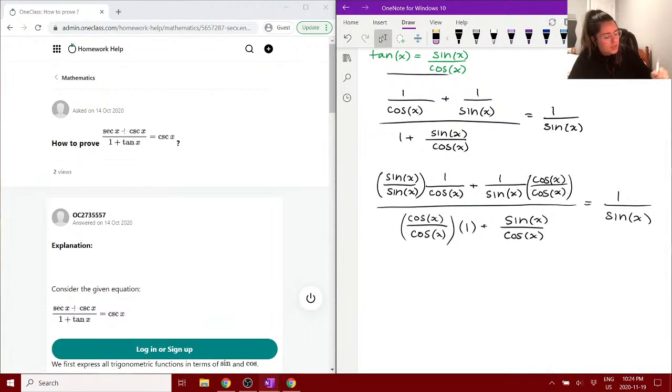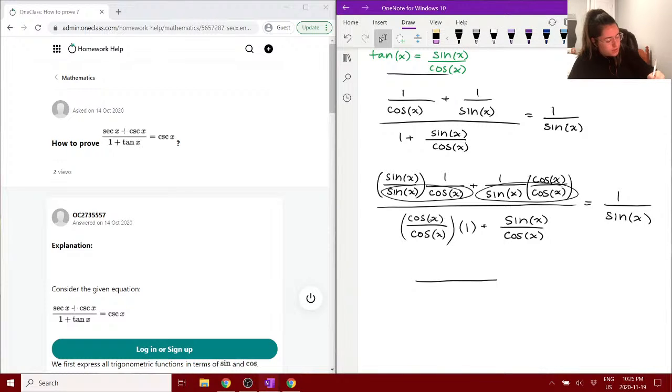Okay? So let's go back to this numerator here. So now we have common denominators, which means we can add our fractions, okay? So like I said, we have sine of x times cos of x in both of the denominators for these fractions.